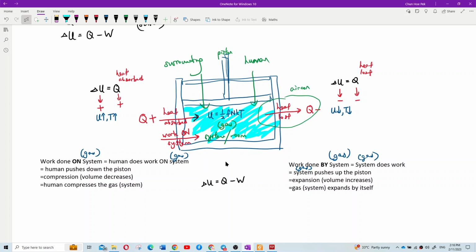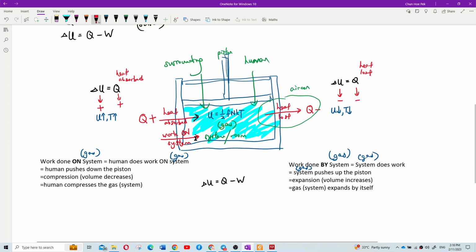When you do work on the system, if you compress the gas, if you have a piston there and you compress the gas, you are actually adding energy into the internal energy, and the internal energy of the gas will increase, and then the temperature of the gas will increase. If you are able to compress the gas, the temperature inside the gas will increase. Yeah, that's right.